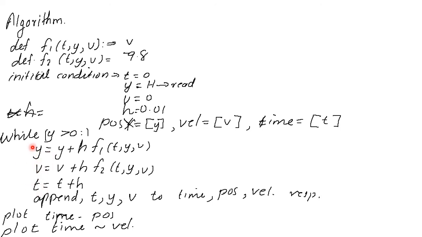But here we have two dependent variables, namely position and velocity. In the previous example there was only one independent variable and one dependent variable. Here there is one independent variable and two dependent variables. That's the only difference. To begin with, you must have initial values for all three variables, the independent variable and both dependent variables.